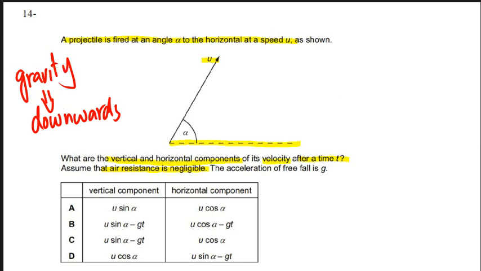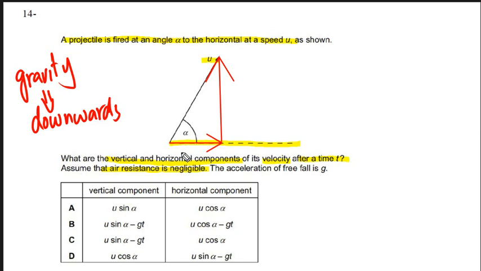Now let's try to resolve this first of all into its components. The first component you can see is the horizontal component of this velocity, and we can also resolve into the vertical. So we resolve into two components, vertical and horizontal. These are the initial velocity components.